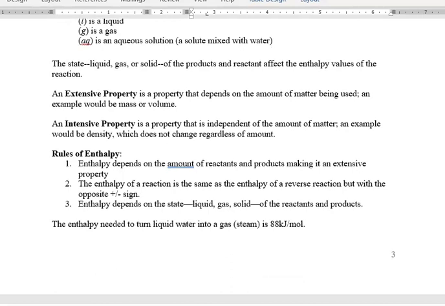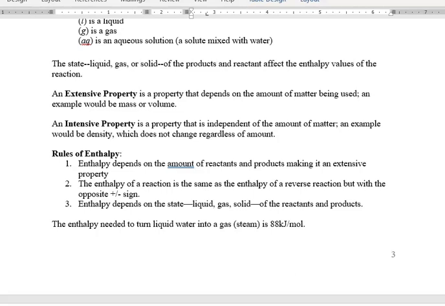There's 2 terms that are used in chemistry. They won't explicitly ask you this on the AP, but you should know them. An extensive property is a property that depends on the amount of matter being used. An example would be mass or volume. So the more of a certain substance you have, the greater will be its mass and its volume. That's an extensive property. It depends on how much matter you're using.